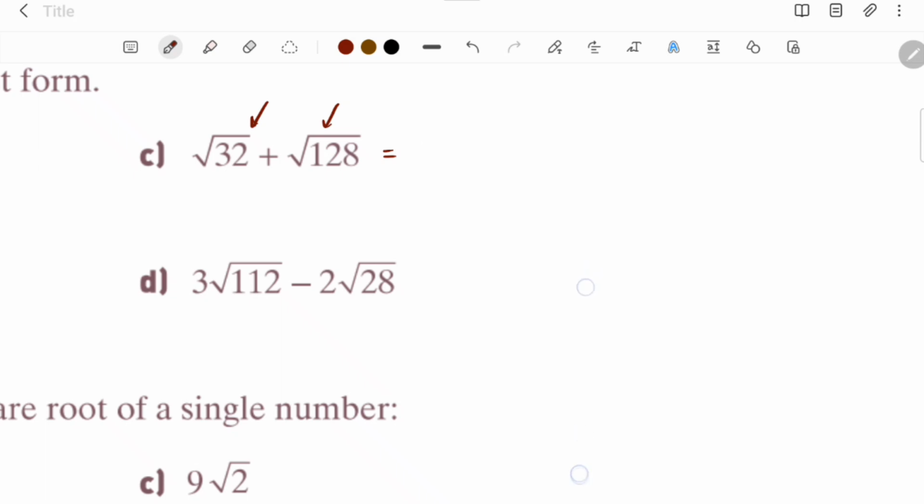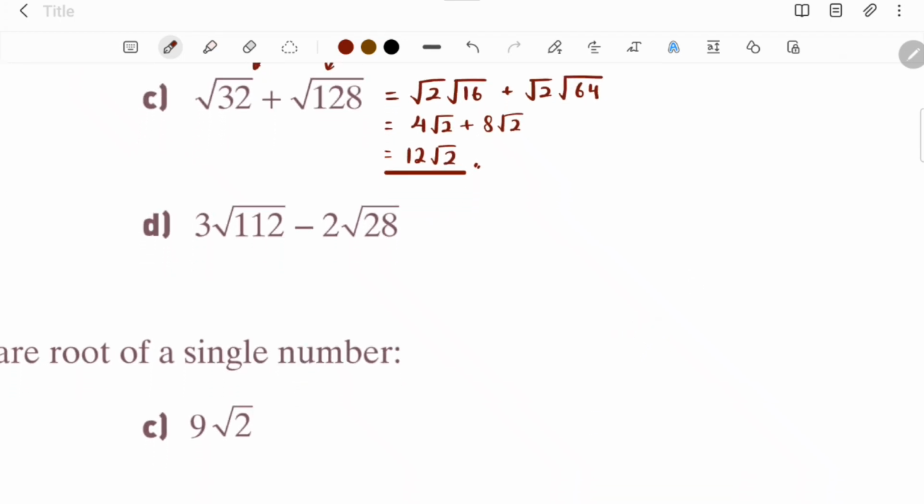So this one you might get 2, 16, and then this one 64. Okay, so square root of 16 should be 4, and then surd 2 we copy back down. Plus with square root of 64, you should get 8 and then surd 2. So 4 plus 8, you should get 12 square root of 2 as your final answer.